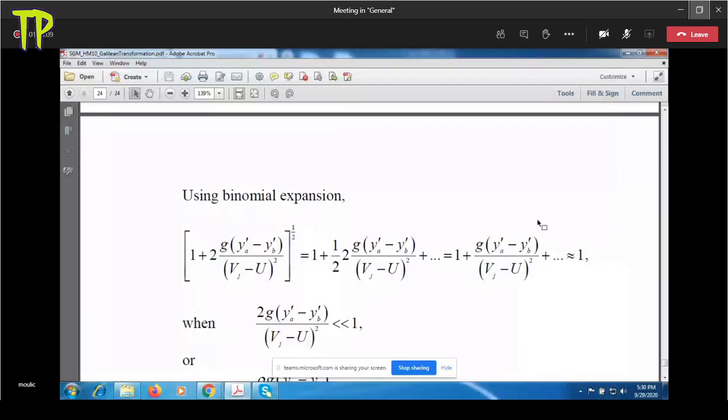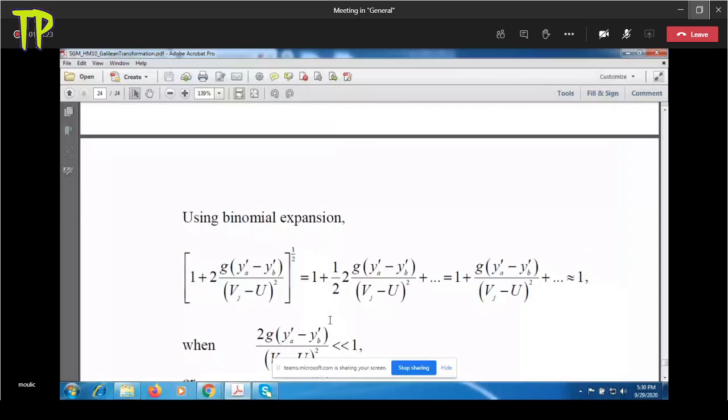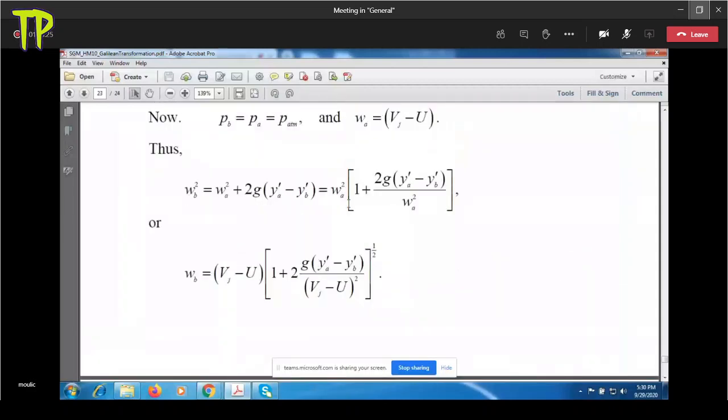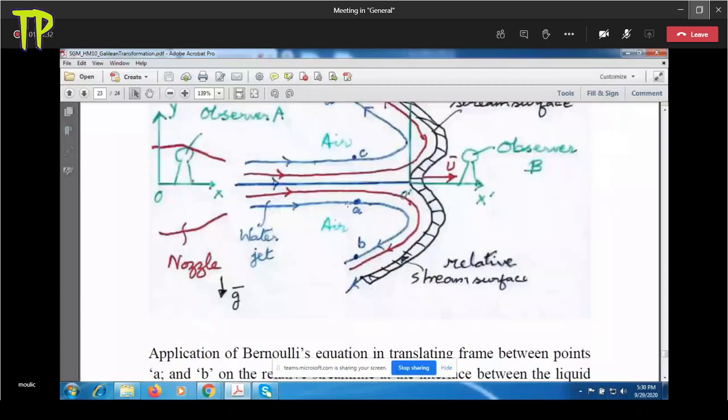And this also we can approximate as 1, when this quantity, 2gh by Vj minus U whole square, is much less than 1. Then you say that WB and WA are the same. So the magnitude of the relative velocity along this relative streamline remains unchanged.